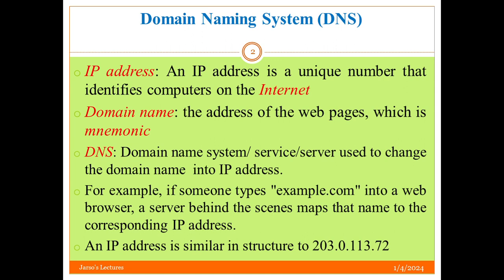Unique means it is unique for all the computers, for all the devices on the internet. That means every computer has to have a unique IP address. And when I say universal, all computers must have an IP address as general.